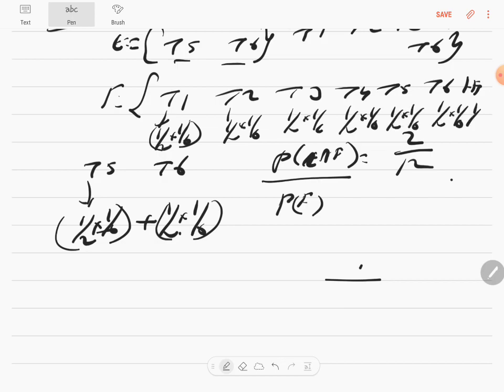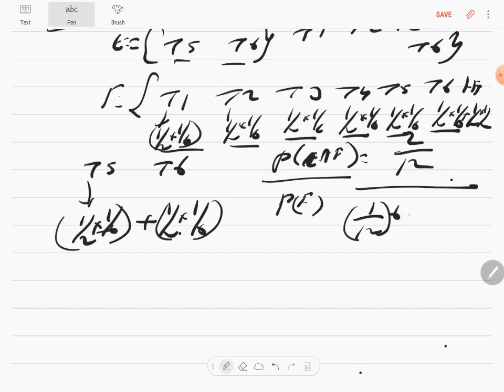But HT is 1 by 2 into 1 by 2, head and tail. So T-die outcomes are coming 6 times, each 1 by 2 into 1 by 6, which is 1 by 12. So 1 by 12 is occurring 6 times, plus 1 by 2 into 1 by 2 for the last one, head and tail, which is just 1 by 4.